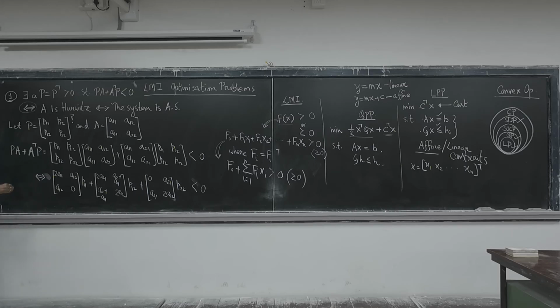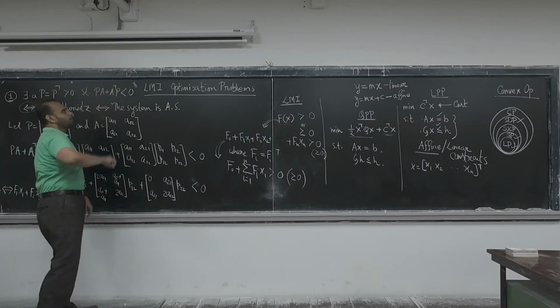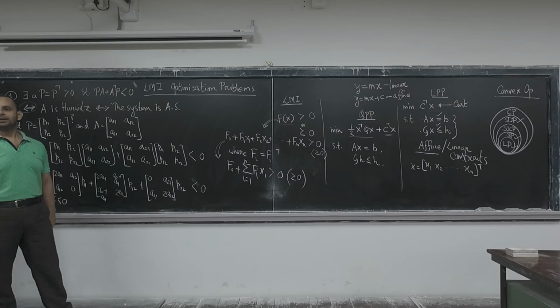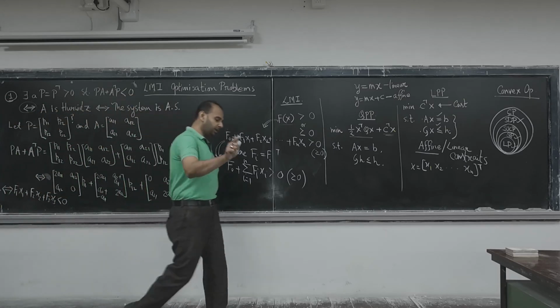So as a whole, you can designate this by Fx less than 0, where F_i equals F_i transpose. And here you don't have F0, because if you had any other terms, for example PA plus A transpose P less than minus 2I, then that constant matrix would have been F0, but at this moment F0 is 0.